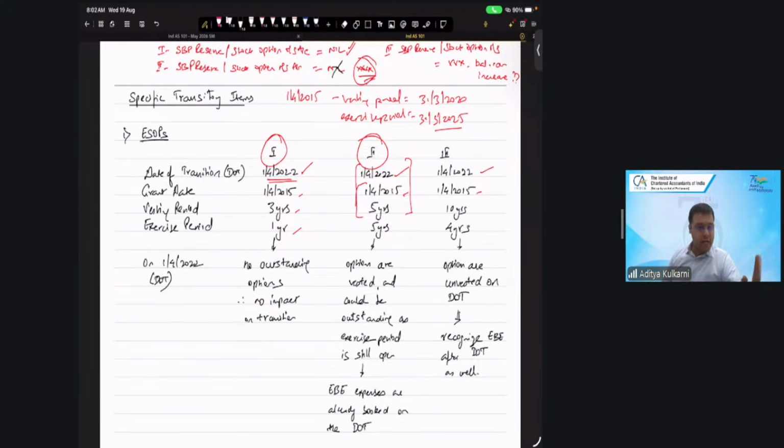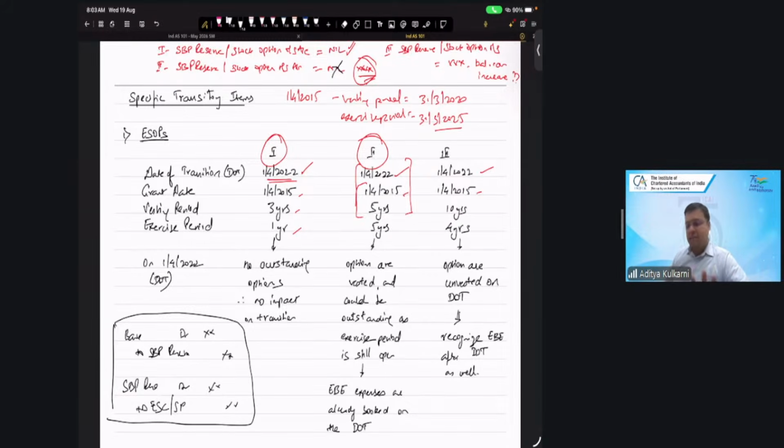There will be only two entries. The first entry will be bank account debit to SBP reserve because the employee will pay, and then you will move the SBP reserve to equity share capital and securities premium. These two entries will be passed in the exercise period.